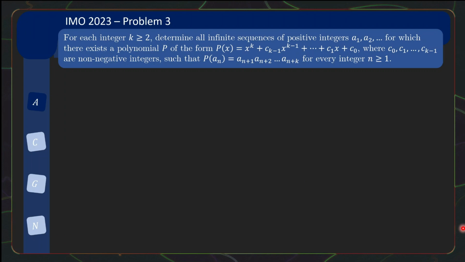And finally, let us take a look at problem 3, which has generally received positive reviews from the contestants as being a fun and interesting problem. So for this problem, we have the following.